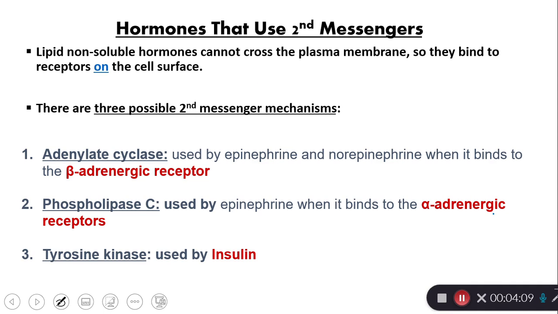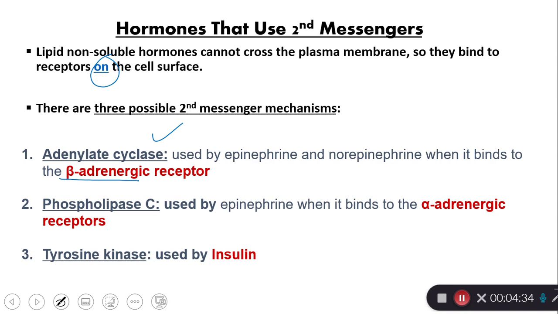So the water-soluble or non-lipid-soluble ones bind to receptors on the cell membrane, and there are some types of secondary messengers to induce the actions of those hormones. For example, the adenylate cyclase secondary messenger is used by epinephrine and norepinephrine as they interact with the beta receptors.